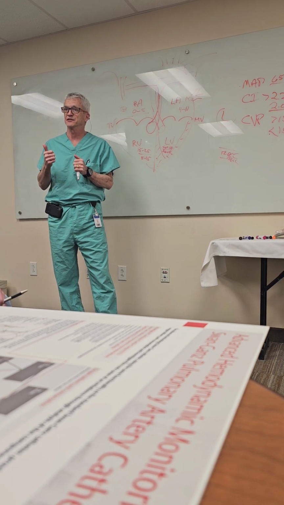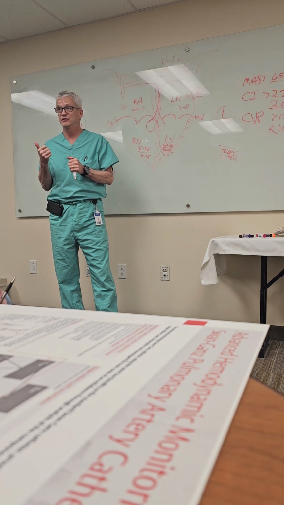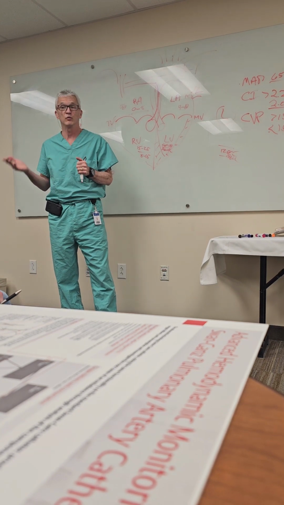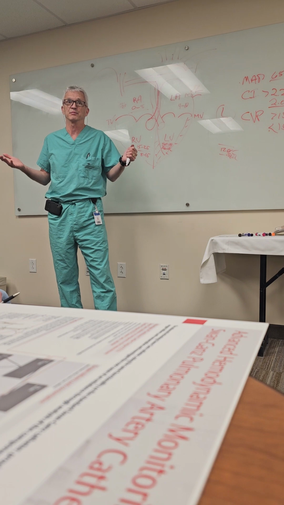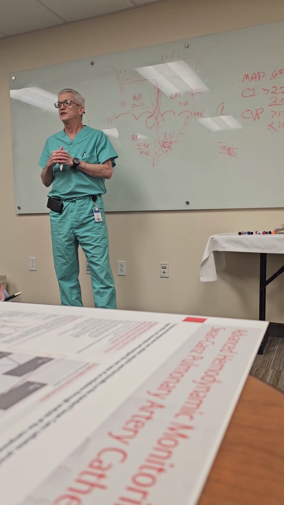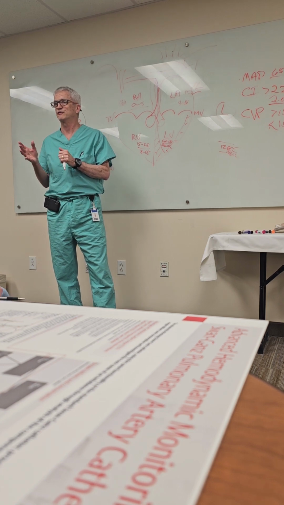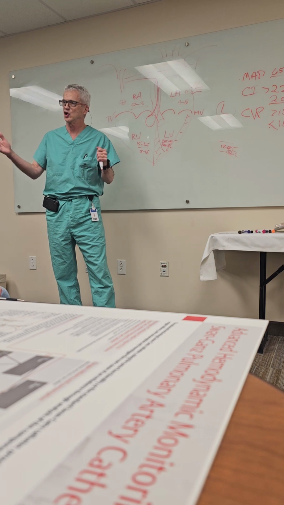So the vasodilators: nitroprusside, we don't have available. So we don't use nitroprusside anymore. We haven't used it for probably 5 years. It's just a different formulation of nitroglycerin, like a long acting one.